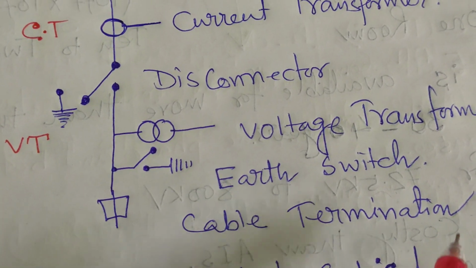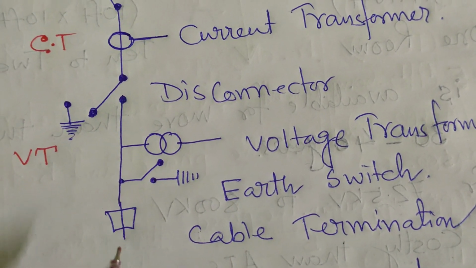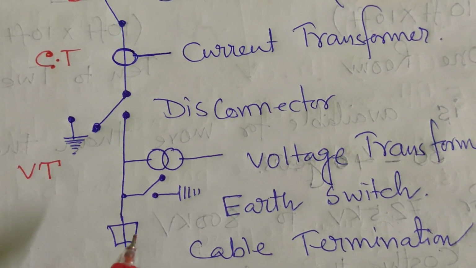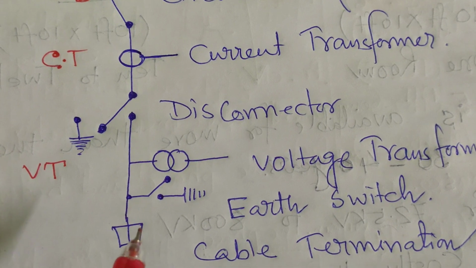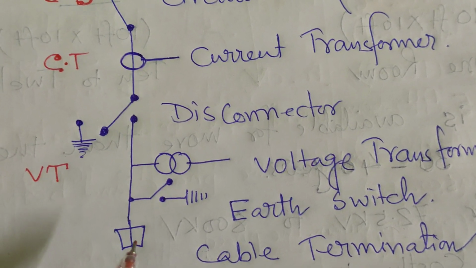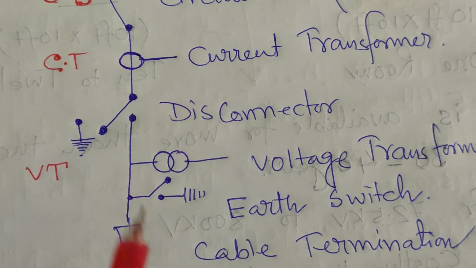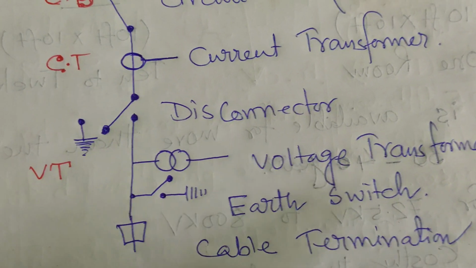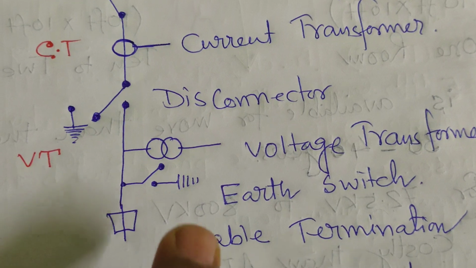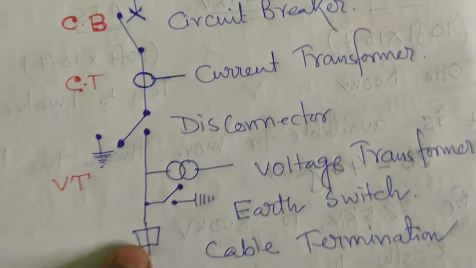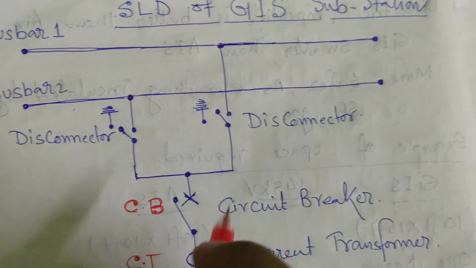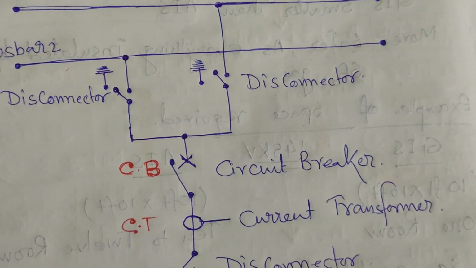Then the cable termination. It may be the bushing, SF6 to air bushing, for connection with the CVT, LA, and going to the section tower or transmission tower. As per the bay, the structure of the GIS is different.